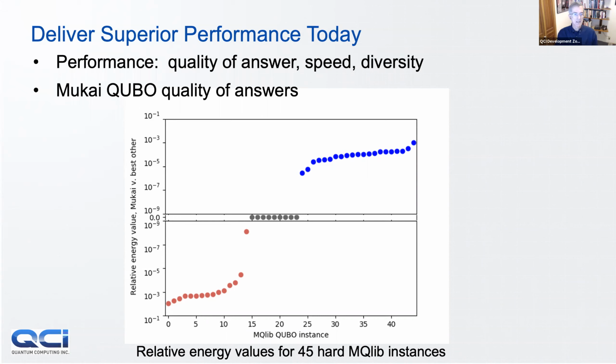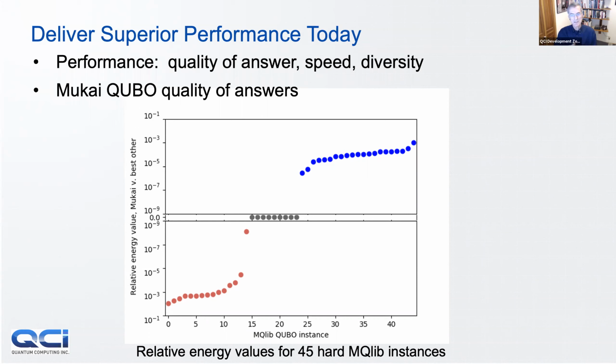So if they got an answer of 2,814, and bigger is better, and we got an answer of 2,815, that's 1 part in 2,000 better. So that's only a little bit better. If they got 2,814 and we got 3,000, well, that's a bigger difference.